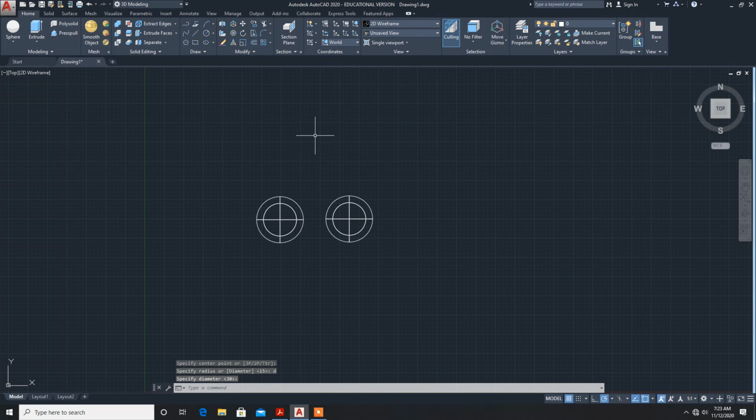Now using the move command, move, select the object, enter.